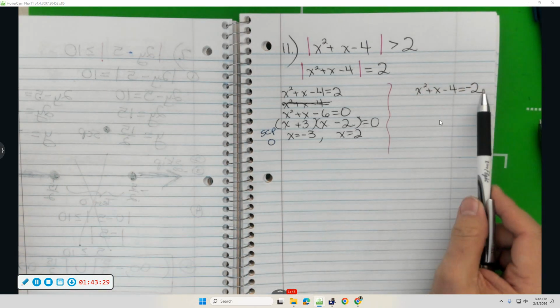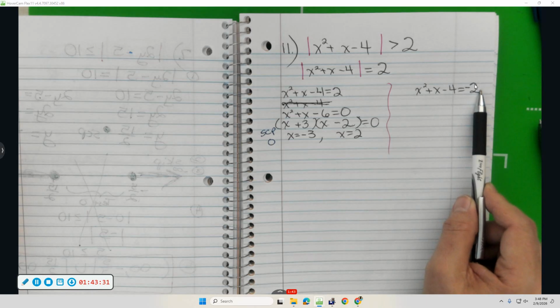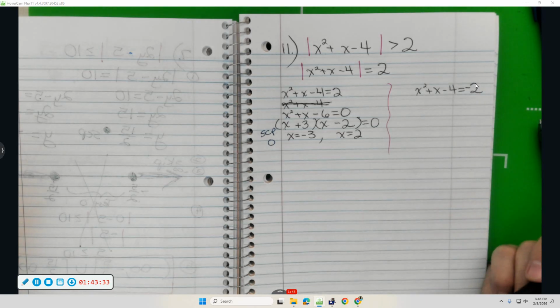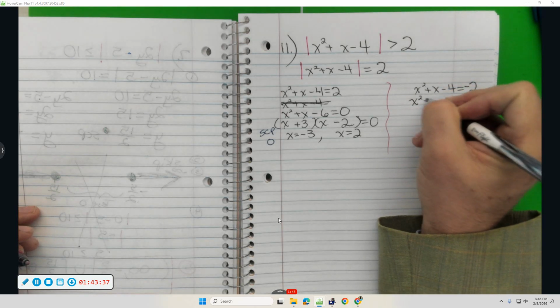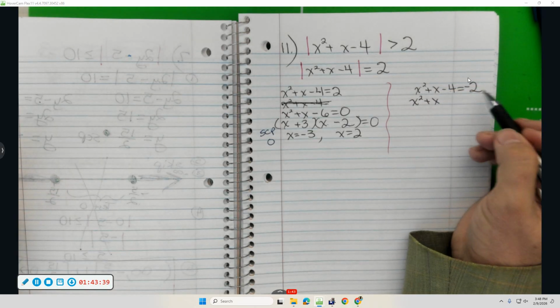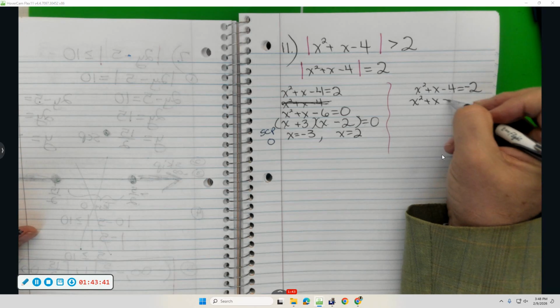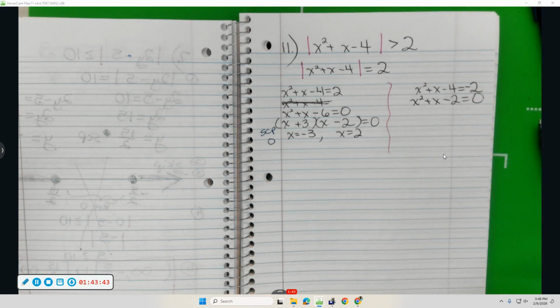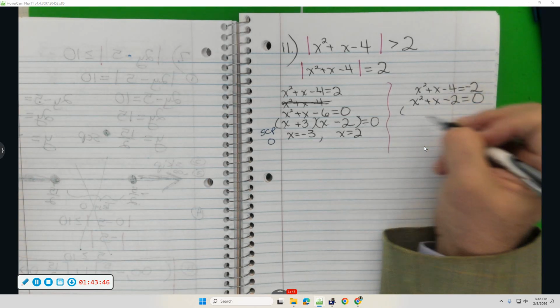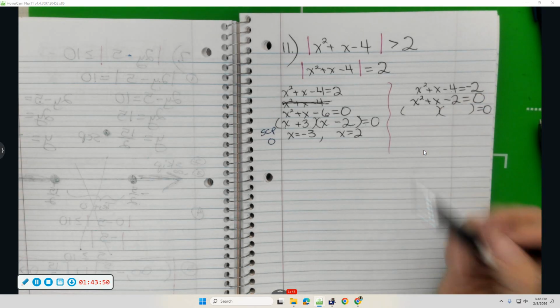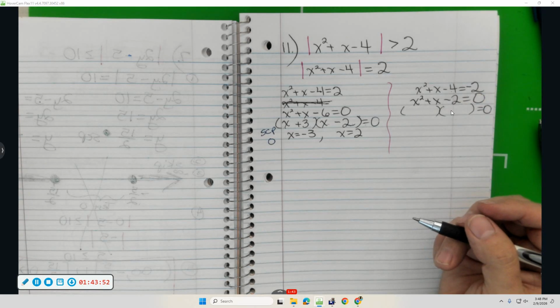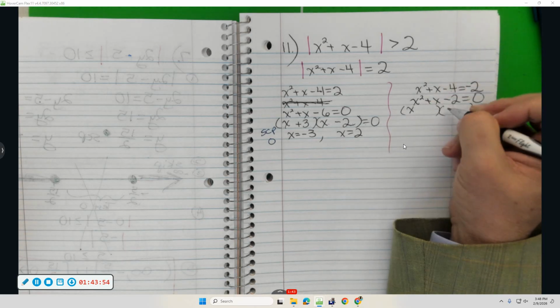The second one, we have to get it set equal to 0, so I'm going to add 2. That'll give me x squared plus x. Negative 4 plus 2 gives me a minus 2. And then I write my two sets of parentheses. x squared, x times x.